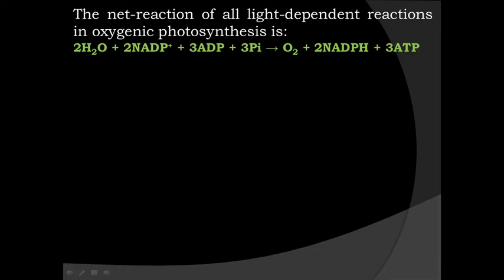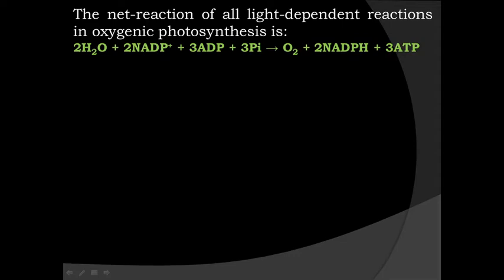The net reaction of all light dependent reactions in oxygenic photosynthesis is: two water molecules, 2 NADPH, plus 3 ADP and 3 inorganic phosphate, which is already present in the chloroplast, are utilized for conversion of 1 oxygen molecule, 2 NADPH and 3 ATP molecules.